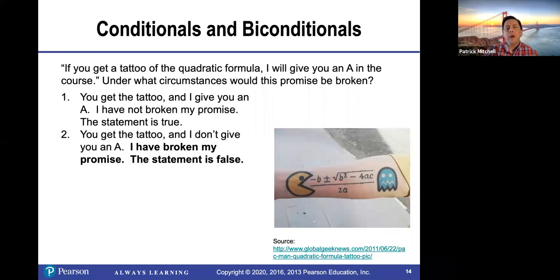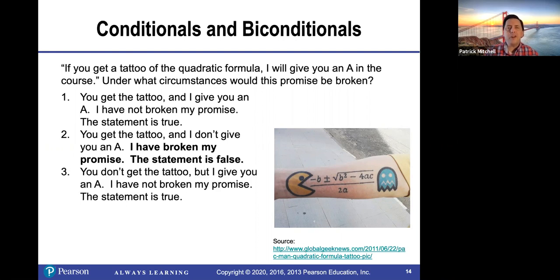Now, suppose that you got the tattoo and I didn't give you an A. Then I think I've broken my promise. And that would be a false statement, that if-then statement. Now, here's where it gets a little weird. Suppose you don't get the tattoo, but I give you an A anyway. I bet a lot of you are hoping that's the scenario that's going to happen.